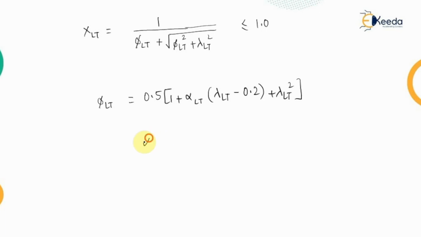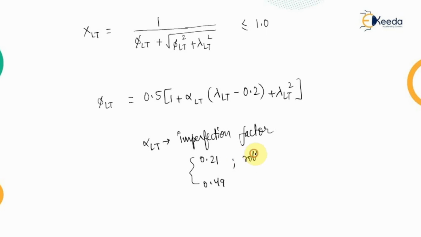Now this alpha LT is the imperfection factor for the lateral torsional buckling, and this imperfection factor has two values depending upon the type of section. It is equal to 0.21 for the rolled steel section, and it is equal to 0.49 for the welded section.